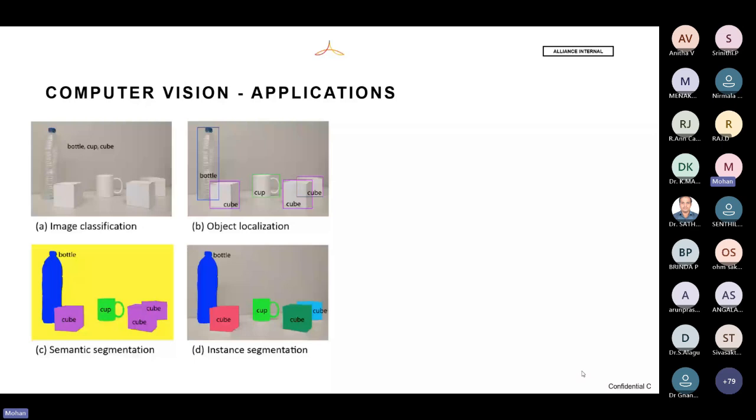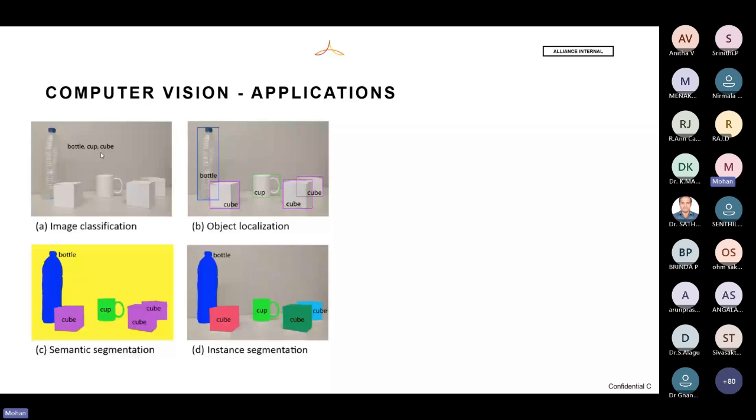Okay. So when I say image classification, there are multiple objects. If you look here, there are multiple objects: the bottle, cube, and the cup. Where I have multi-labels, my model is able to categorize bottle, cube, and cup, right? So it is able to classify what objects are present within an image.